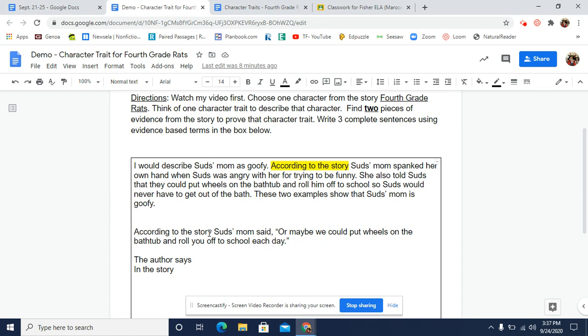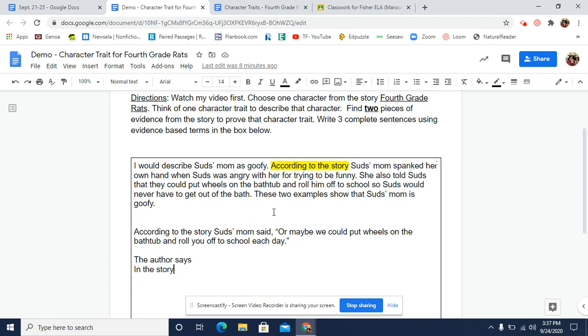So, according to the story, Suds's mom said, or maybe we could put wheels on the bathtub and roll you off to school each day. I got that quote directly from the book. And so I needed to quote it exactly, and I used the quotation marks. Now, this is more complicated because we haven't gone over yet how to do quotations. So I would rather you just put it in your own words, but if you want to try to do a quote, I will allow that.